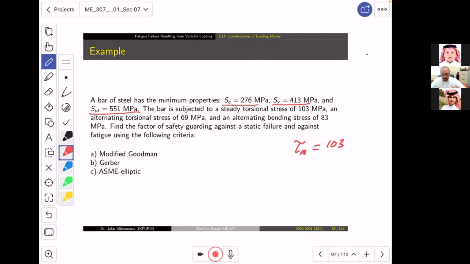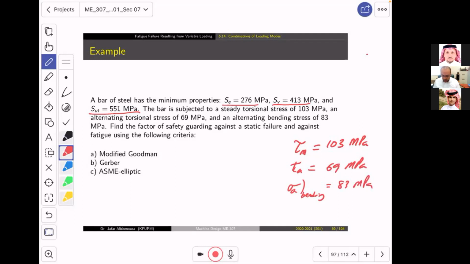What is steady? It means steady, fixed. And that's the mean stress. It is fixed. It is not an amplitude.